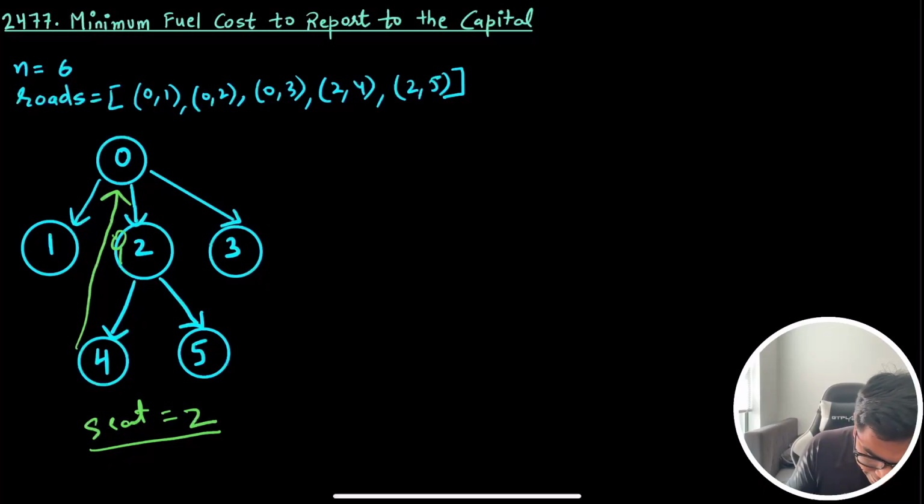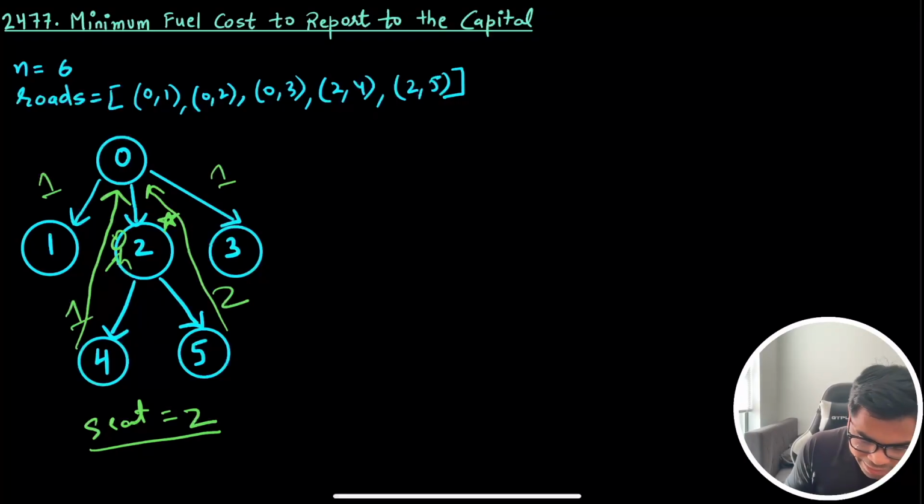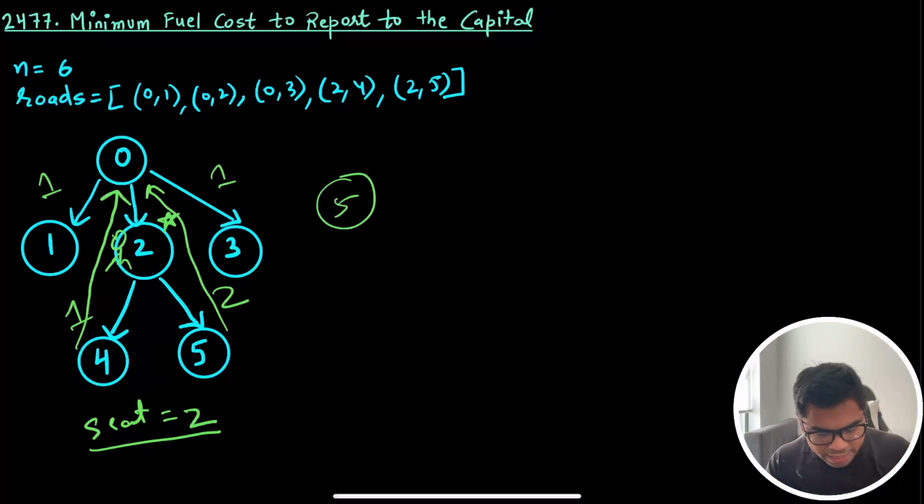So it can ask this person to sit in the car, and then they can both drive, so that node 2 doesn't have to waste 1 liter of fuel. Both these nodes will require 2 liters of fuel to get to the city, and this one will still require 2 liters, but you have saved 1 liter of fuel. So now the total is 5 rather than 6.